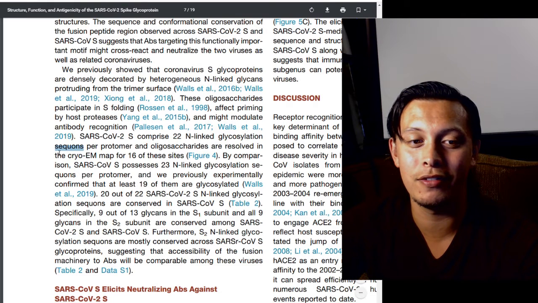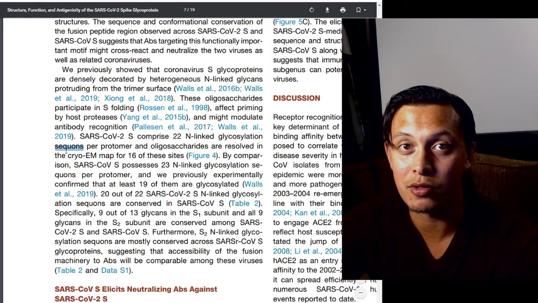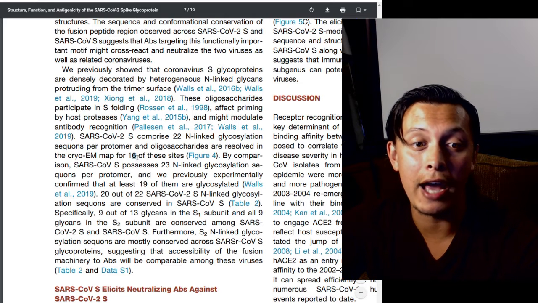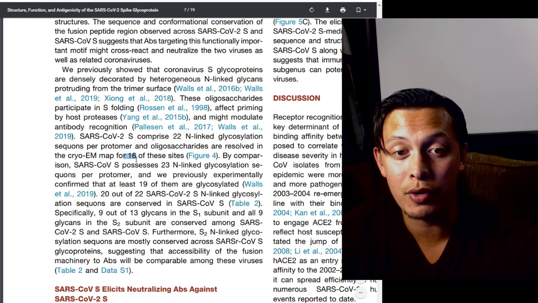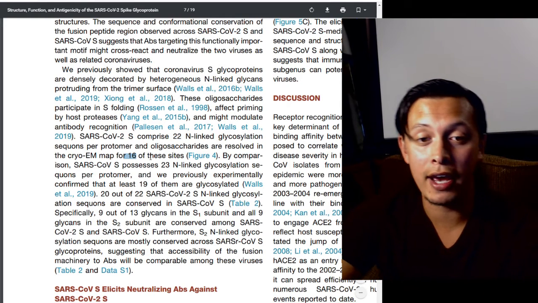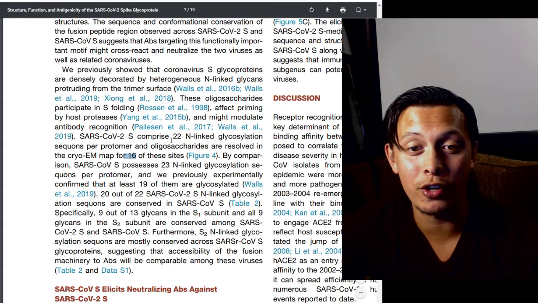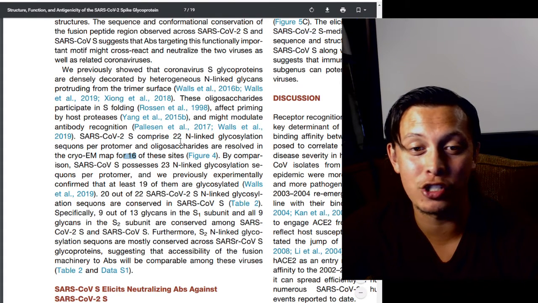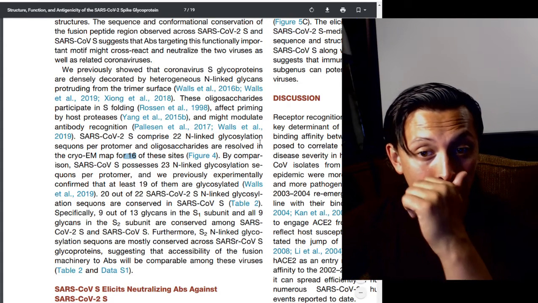So they would believe there to be 22 N-link glycosylation events going on. And they were able to find 16 of them. So they were able to find 16 of the 22. It could mean that those are the only ones, or it could also mean that they just could not find it at the other locations, but they are actually there.